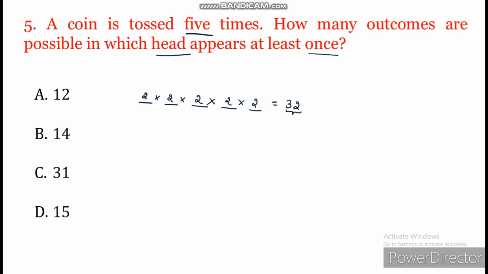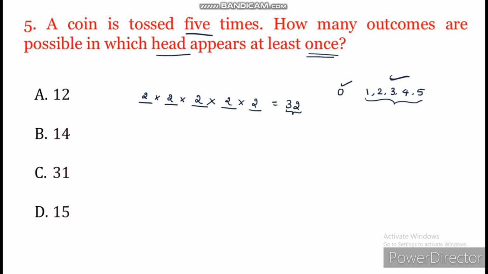There are 32 outcomes. In that, head appears at least once. At least once means once, twice, thrice, 4 times or 5 times. Head has to appear at least these many number of times. Now what I will do is I will neglect the one case where head has appeared 0 times.